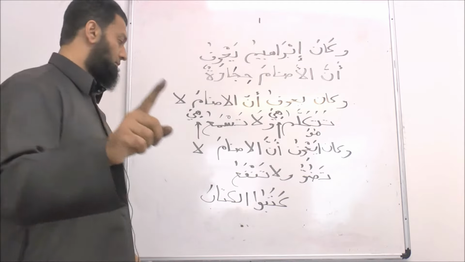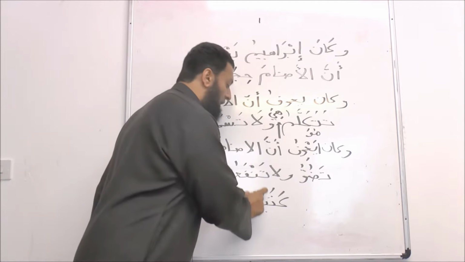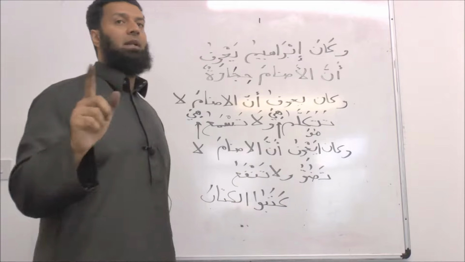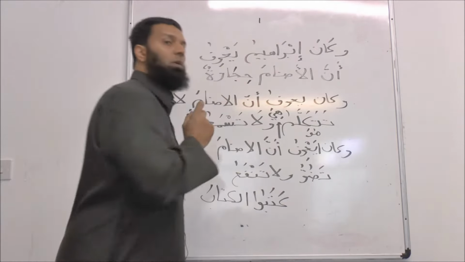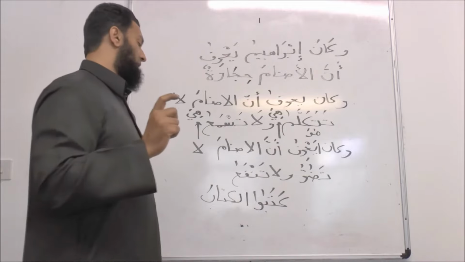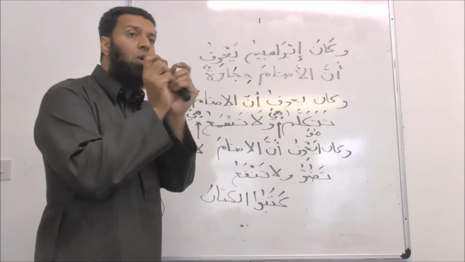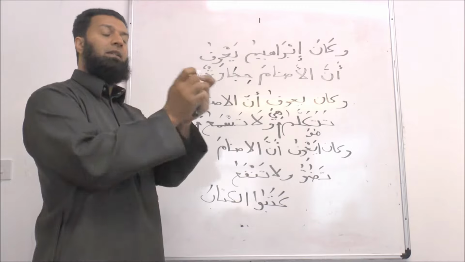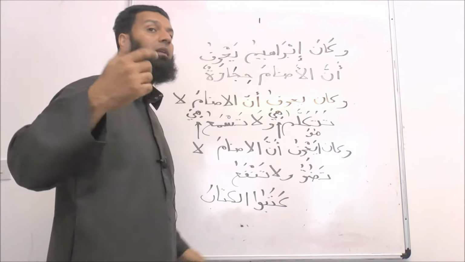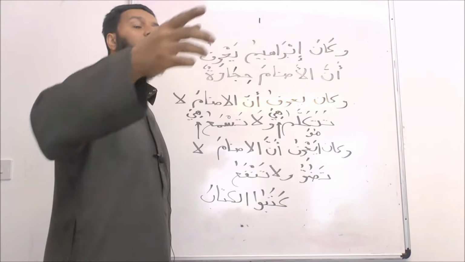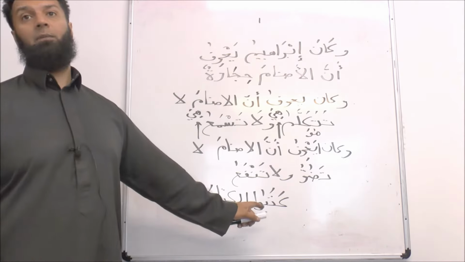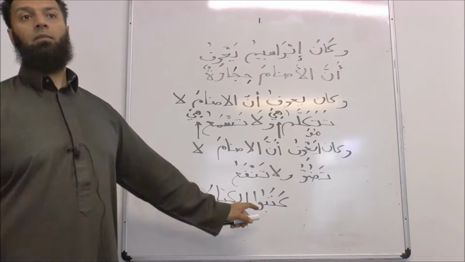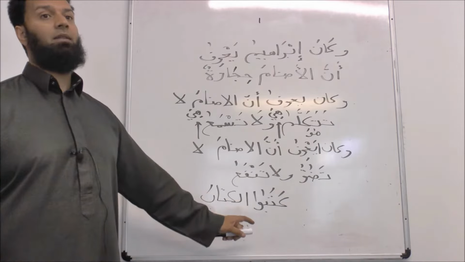Now, because we've added something to kataba now, we've added the waw, haven't we? The waw, the addition, is considered to be the fa'il. Good. That is the fa'ilun.